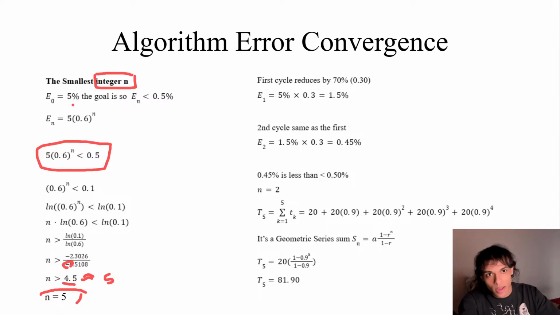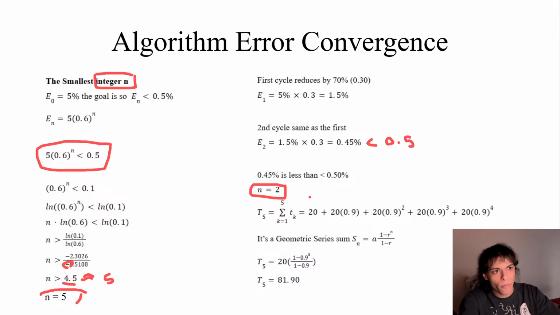So we take the 5% again, multiplied by 0.3. Taking 30% of the 5% gives 1.5%, and then we take another 30% of that, and we already get 0.45%, which is already lower than 0.5, the target. So we have reached the target by the first 2 cycles. That gives us a number of cycles of 2.